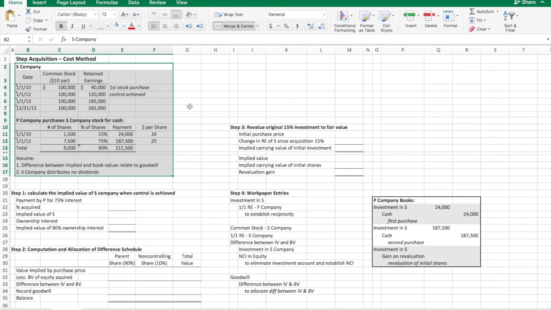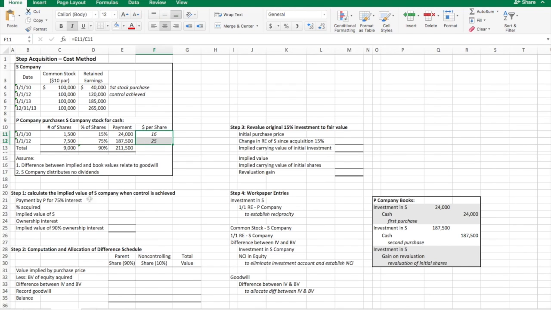We're told about the subsidiary's equity accounts, the payments made by the parent company for the subsidiary stock, and we're also told that we can assume that the difference between implied and book values relates to goodwill, and the subsidiary doesn't distribute any dividends. I've already gone ahead and calculated the dollars paid per share for the first and second stock purchases, and we'll use these numbers later in the problem.